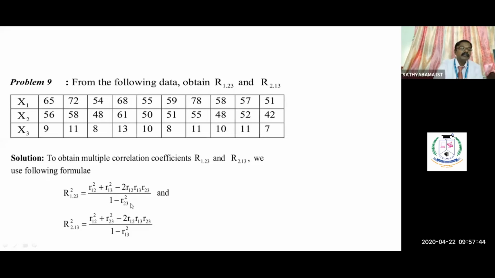You can easily remember the formula. Here we are asked to find r1.23, so the formula gives r squared. After finding this, I have to take the square root to find r1.23. The same way for the last one, R squared 2.13, for that also.